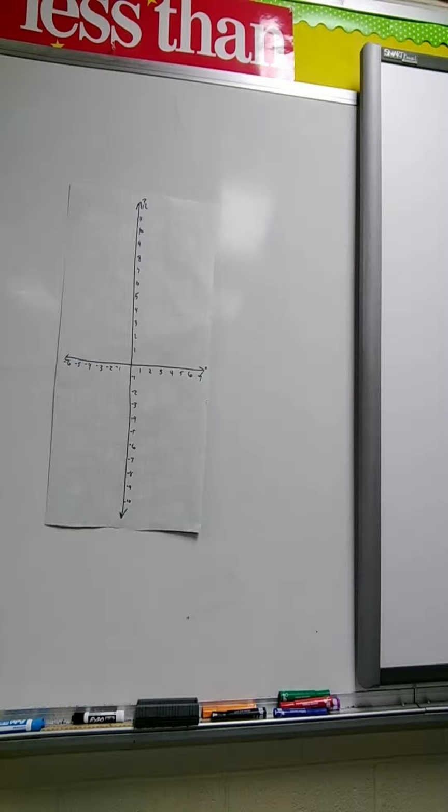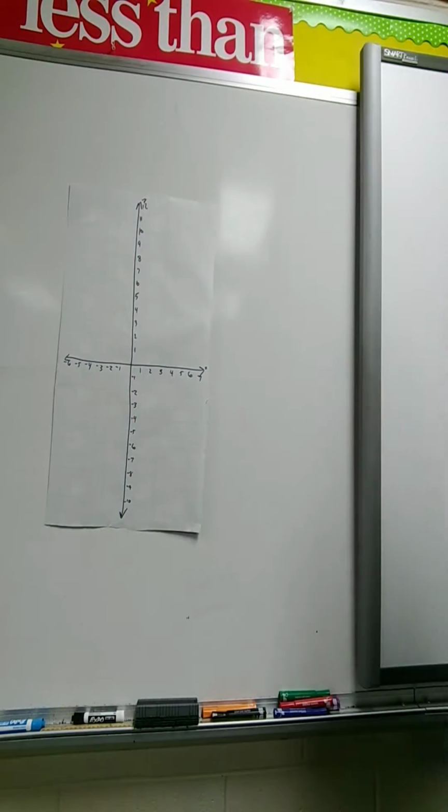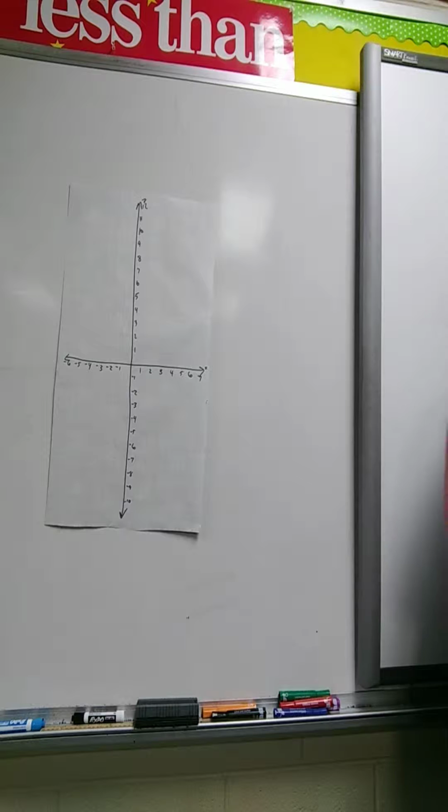Now, sometimes our questions are going to be nice and pretty, meaning that they'll be given to us in y-intercept form. Somebody remind me, what is y-intercept form? What would an equation written in slope-intercept form look like?